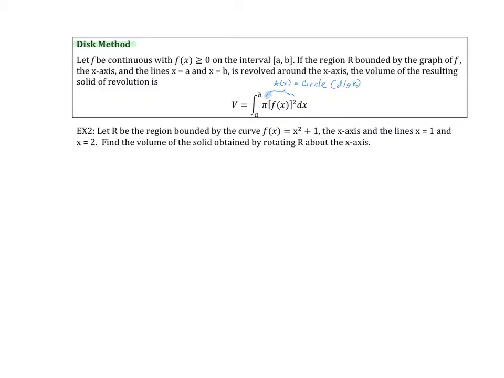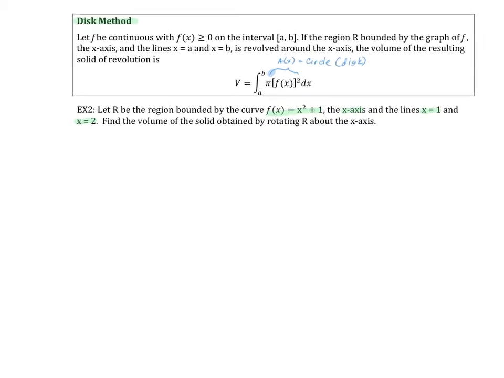Example 2 says we have a region. It's bounded by this curve, x squared plus 1, the x-axis, and the lines x is equal to 1 and x is equal to 2. So we're going to find the volume of the solid obtained by rotating our region about the x-axis.